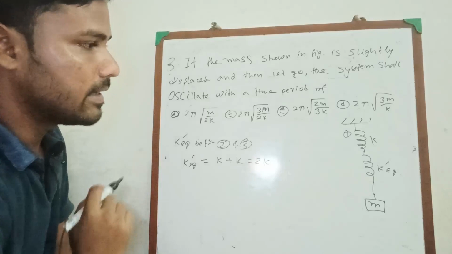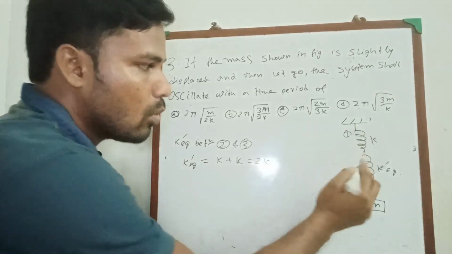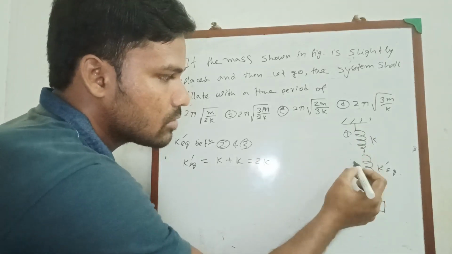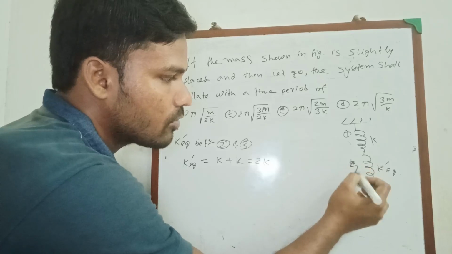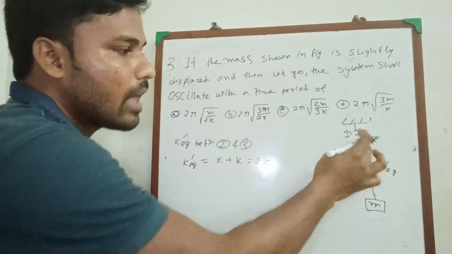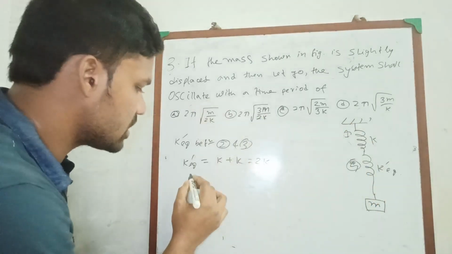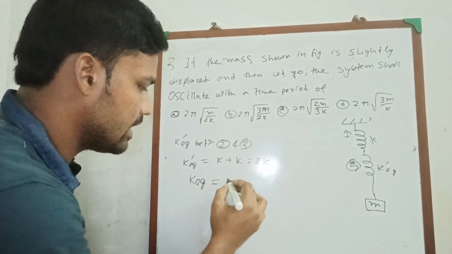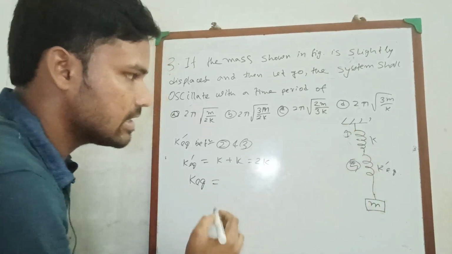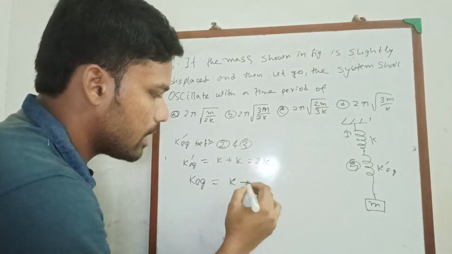Now spring 1 and this combination, the fourth spring, are in series. So what is our total spring constant?